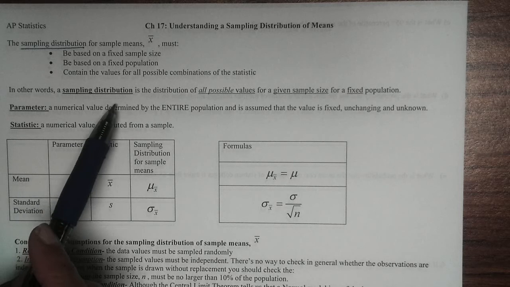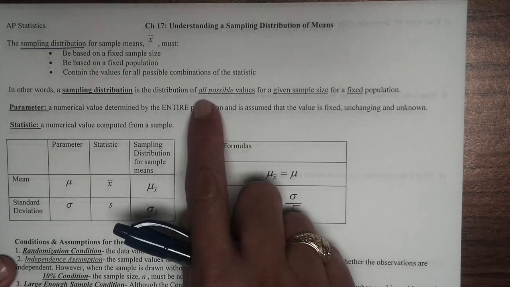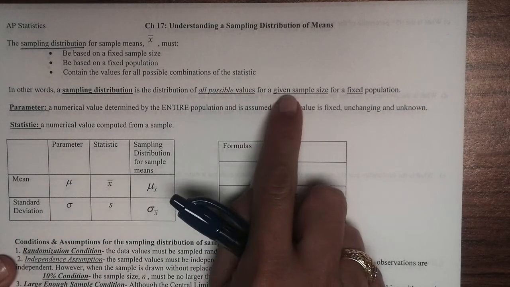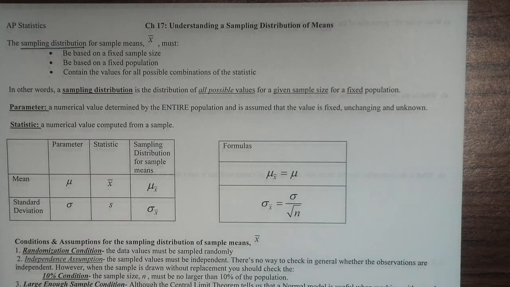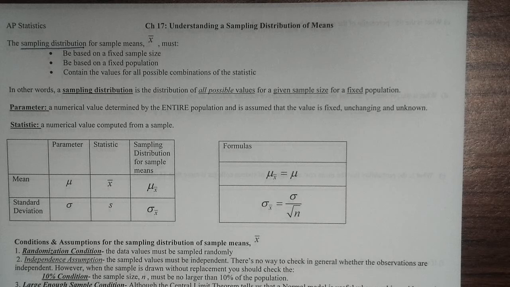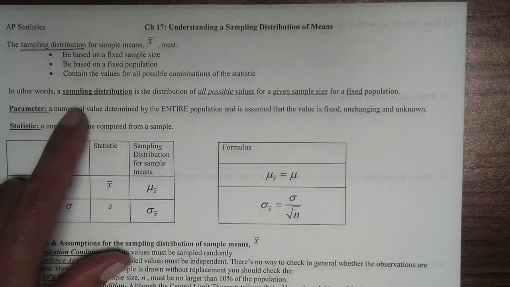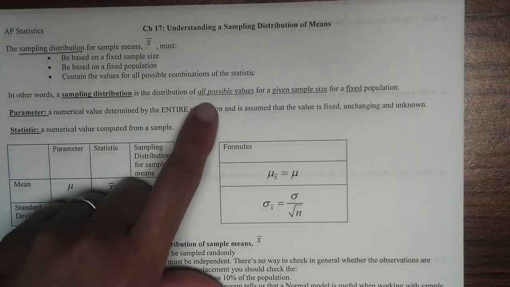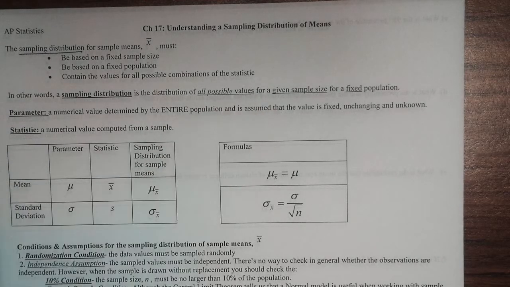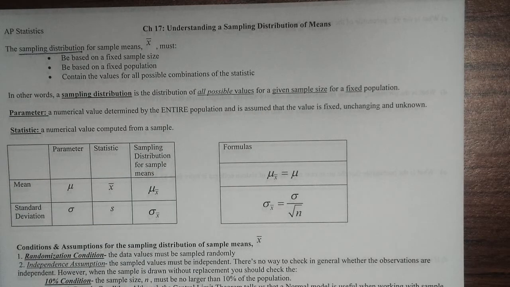A sampling distribution is the distribution of all possible values for a given sample size for a fixed population. You need to recognize that definition, so just know that first definition.